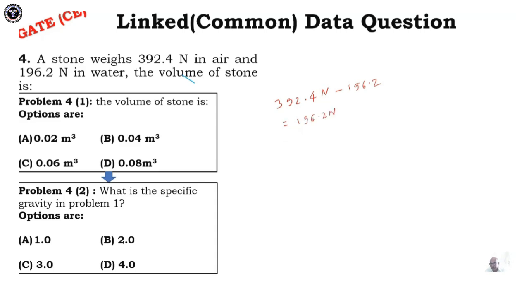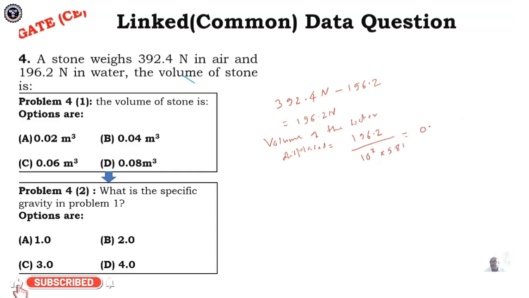The volume of the water displaced is equal to 196.2 divided by 10 raised to 3 into 9.81, which becomes 0.02 meter cube. So option A is the right option.